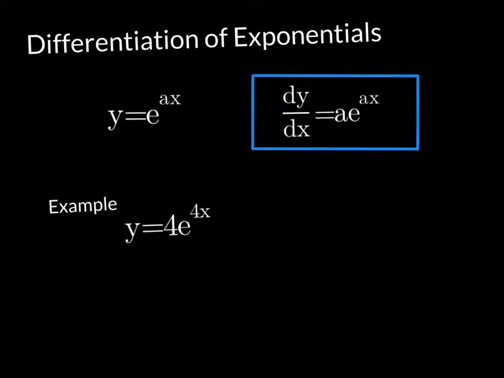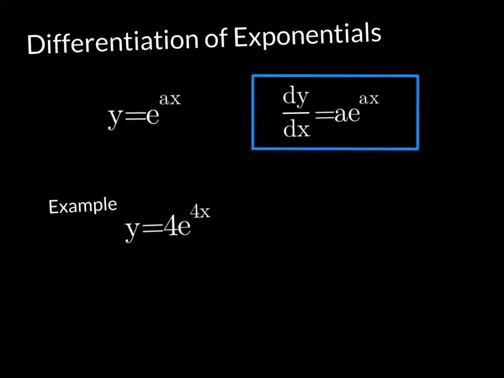So now let's look at what happens if you want to differentiate an exponential function. So here we have y is equal to e to the power of ax. So e is just the mathematical constant that we discussed previously when we looked at logs and exponentials. And again, a is some arbitrary constant, some coefficient of x.